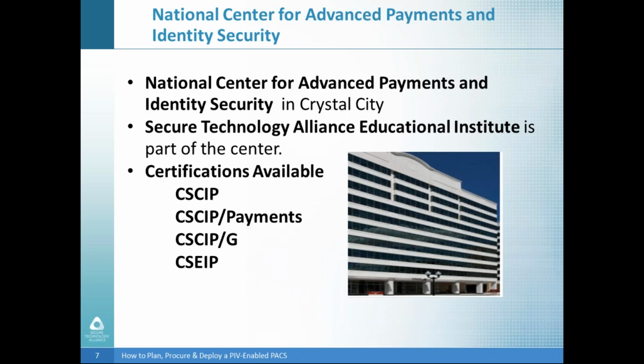And the system design and system configuration is tremendously different from what it used to be just a few years ago. And with this, I also like to end this with that the PACS, the physical access control systems, are now considered to be a component of the federal IT infrastructure.